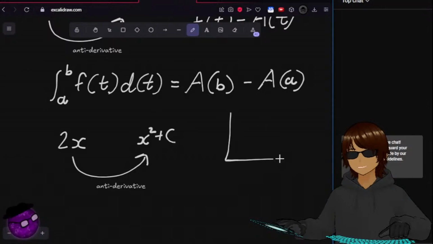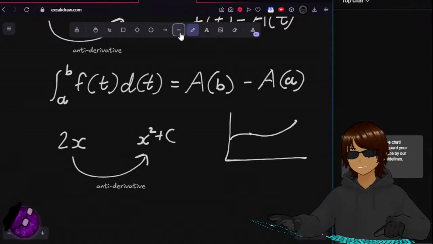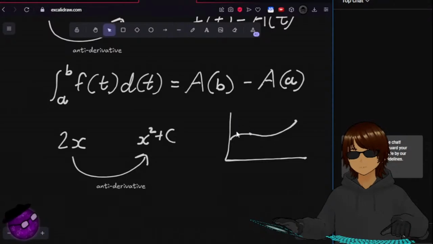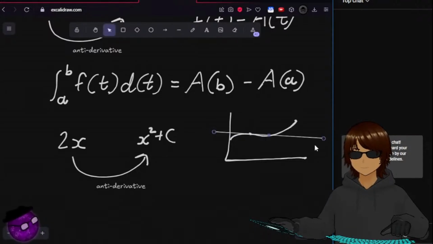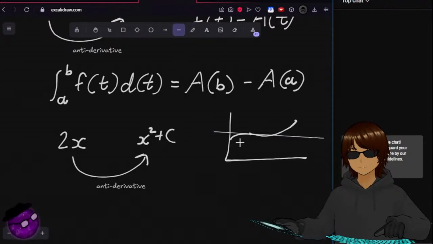Basically, another way of seeing this is if you have a graph, the derivative tells you the tangent line. I don't know if this looks good. It's almost straight. I should do this again.